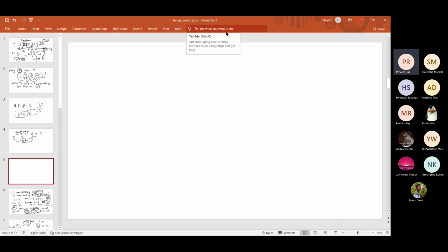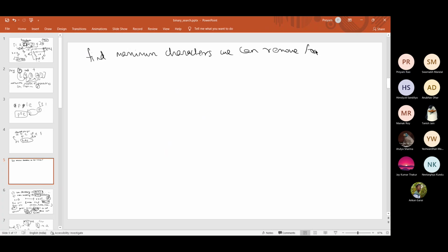Okay. So the question now reduces to: find the maximum characters we can remove from T to get S, right?